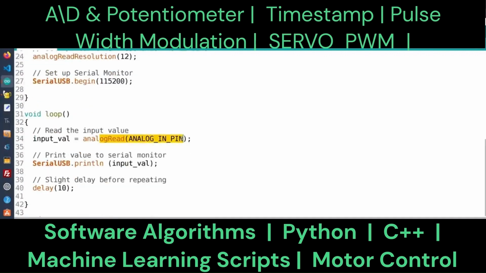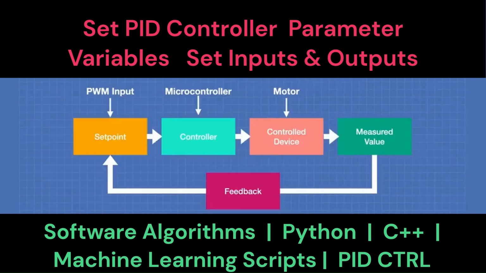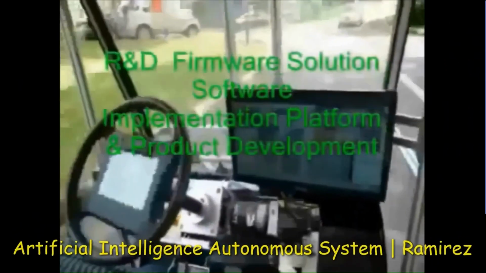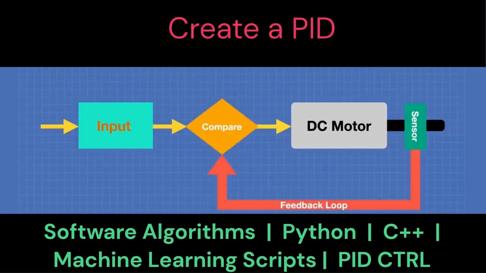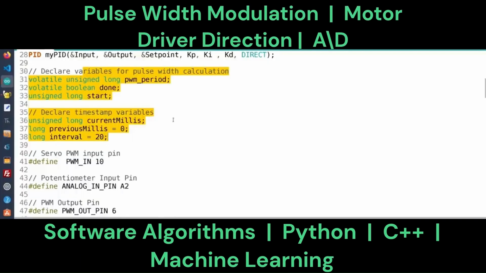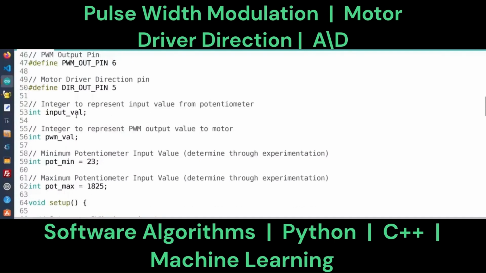Now let's set the PID parameter variables, such as setting point, setting the input, and set the output. Let's create a PID object. Declare the variables for pulse width calculations. Then declare timestamp variables, followed by servo pulse width modulation PWM pin number.